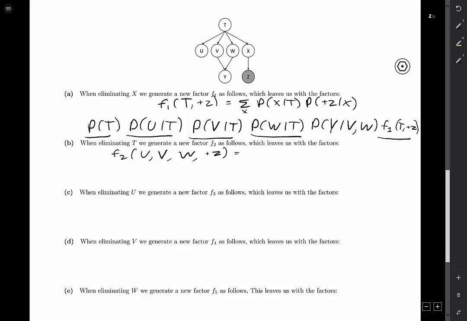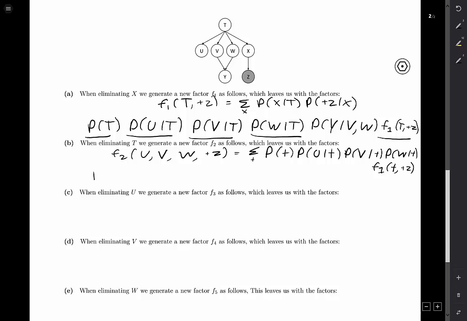And that equals the sum over all t values of the product of all the underlined factors. Probability of t, probability of u given t, probability of v given t, probability of w given t, and sorry, ran out of room. So on the next line, continuation, f1 of t comma plus z. So now what factors do I have left?